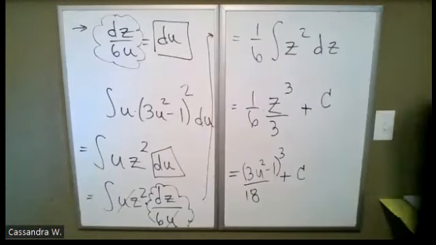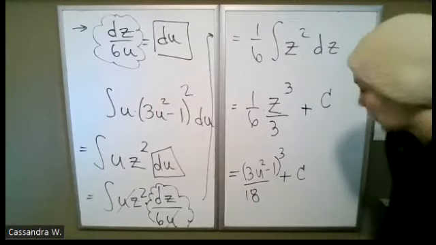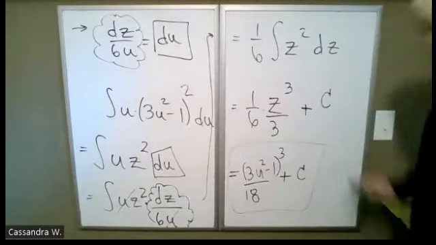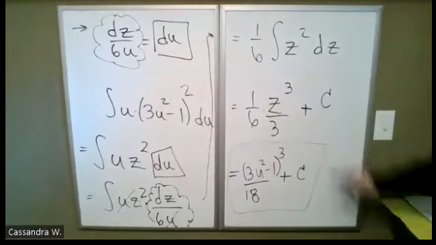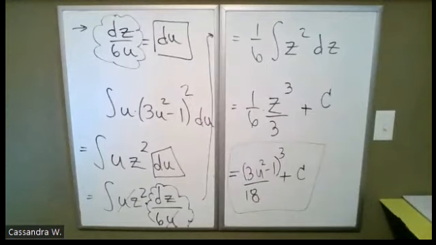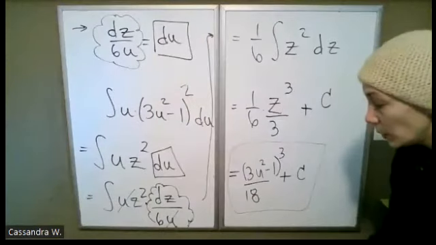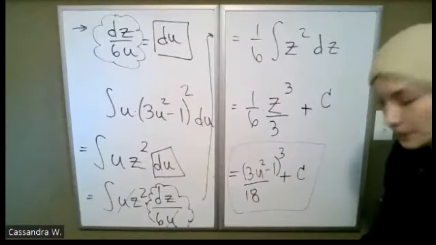And that's the answer: (3u squared minus 1) cubed over 18 plus c.